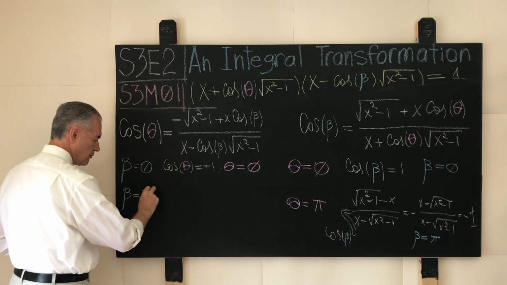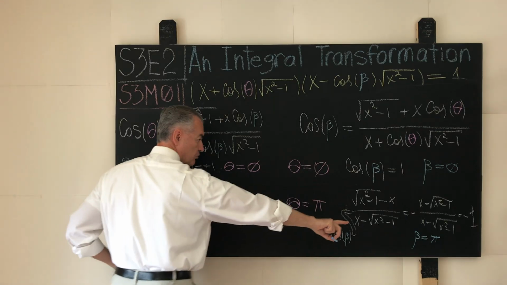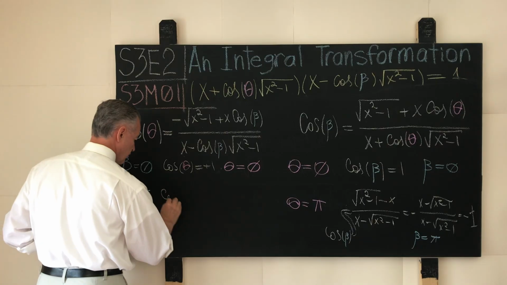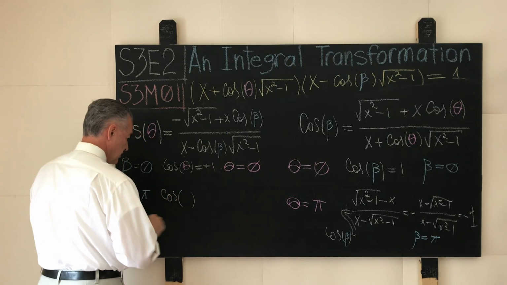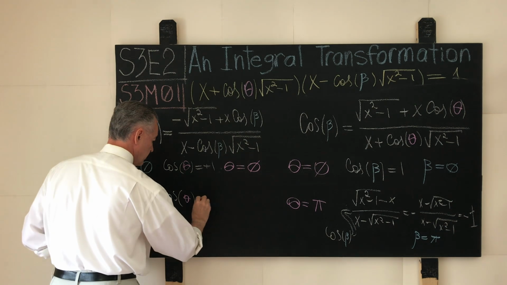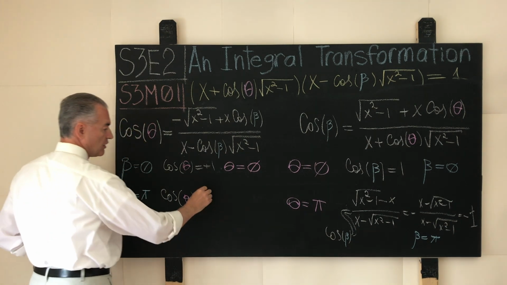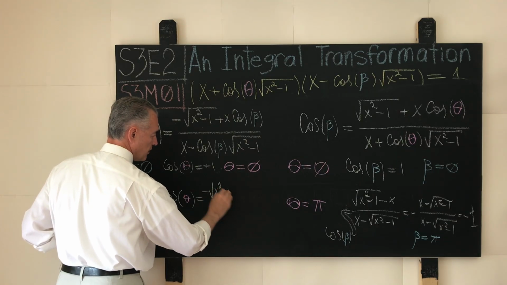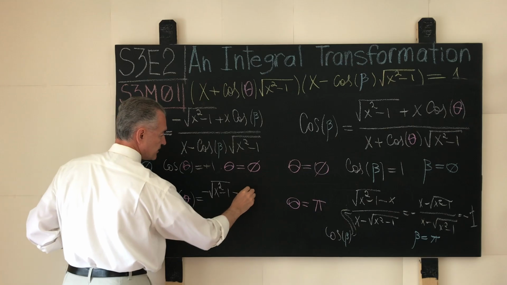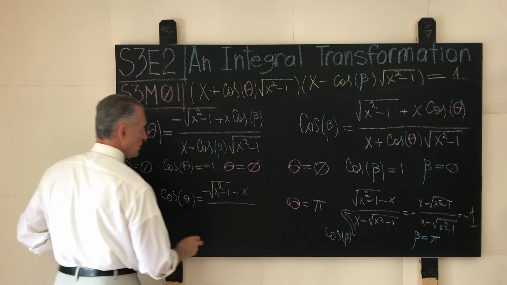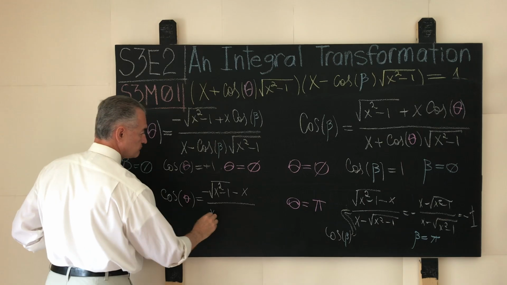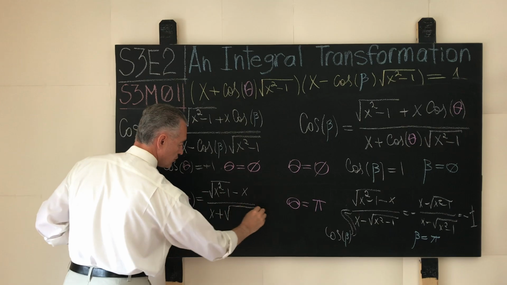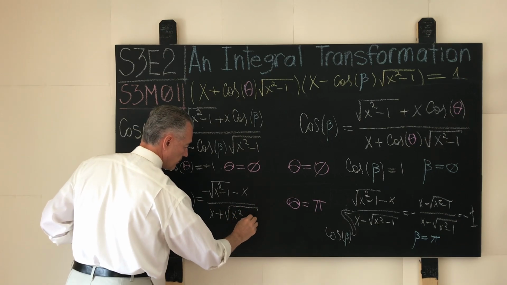And if the value of the angle beta is equal to pi, what will we have for the value of the cosine evaluated at the angle theta? We will have negative square root of x squared minus 1 minus x, divided by x plus square root of x squared minus 1.